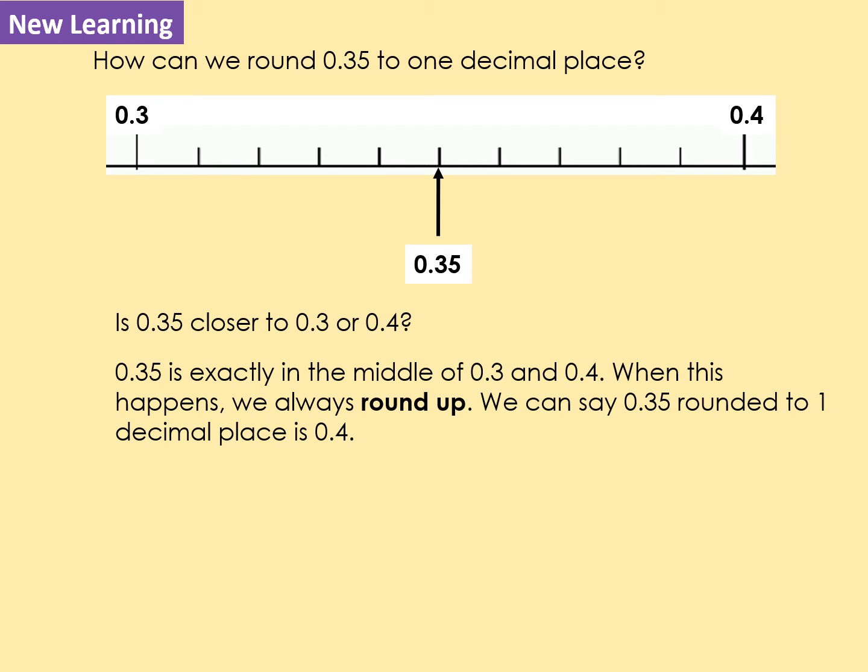It is exactly in the middle. When this happens, we always round up. We can say that 0.35 rounded to 1 decimal place is 0.4. So if it's bang in the middle, we round up. Therefore, 0.35 is approximately 0.4 to the nearest tenth.